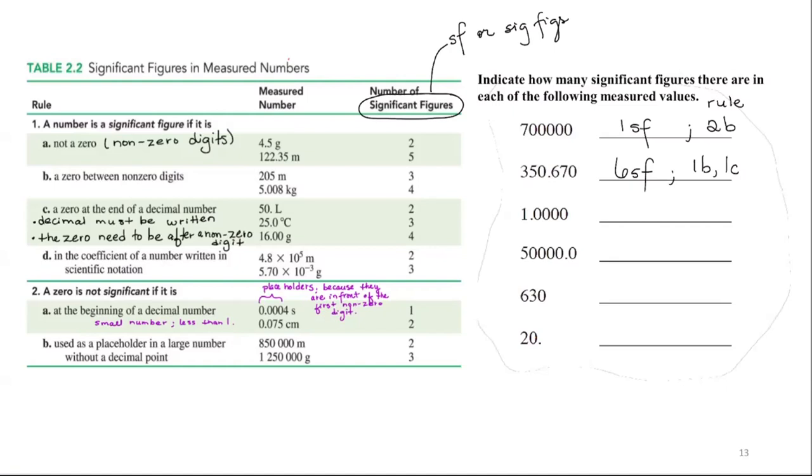Excellent. Yes, the 0 at the end. How many sig figs in the third digit? Great job. 5. The rule that tells me that that is true is rule 1C. What about the fourth digit? How many sig figs there?